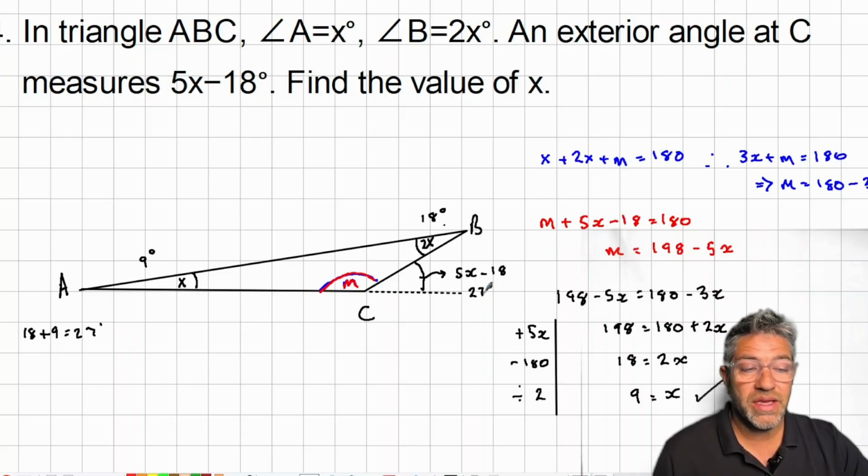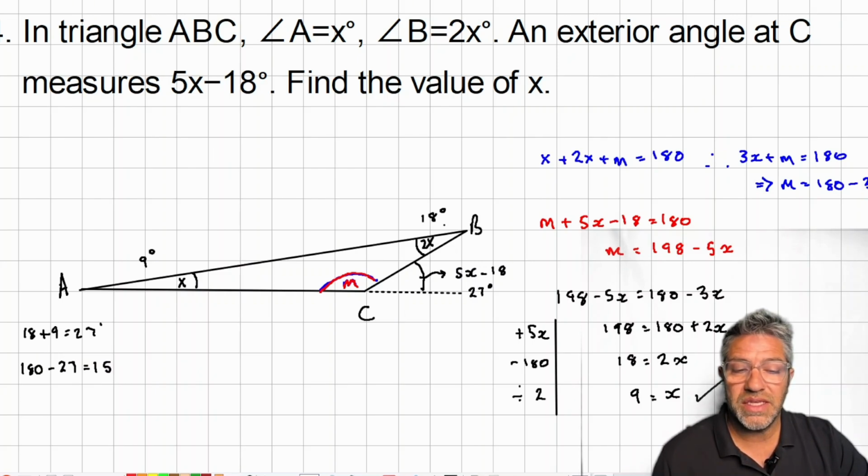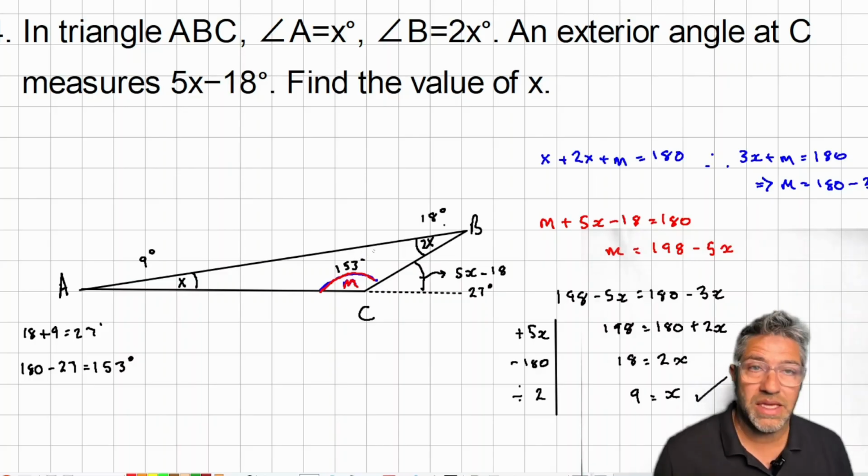Well, straight away, the exterior angle at C is 27. The two angles in the triangle add up to 27. Therefore, angle M would be 180, subtract 27, and that equals 153 degrees. I know we're not being asked to calculate it, but I'm just increasing the clarity: this angle here would be 153 degrees.